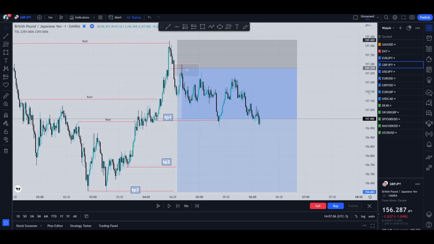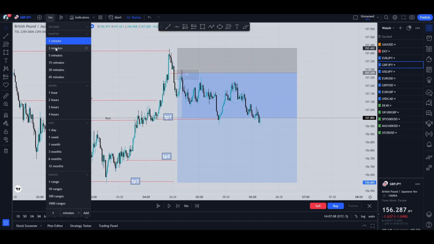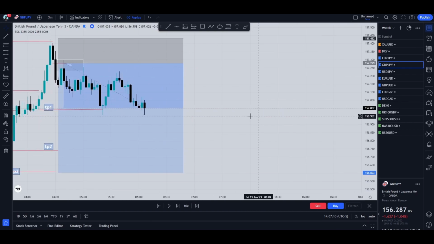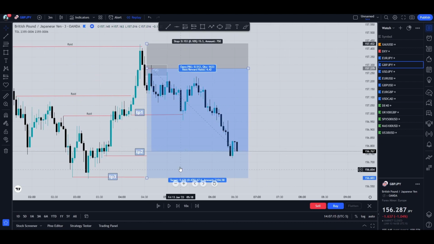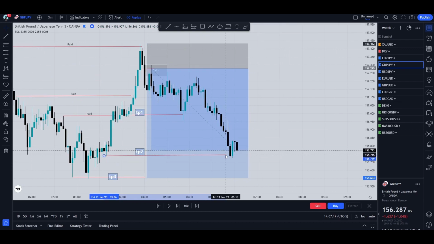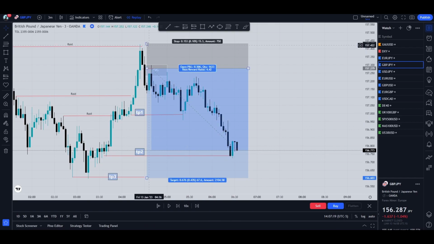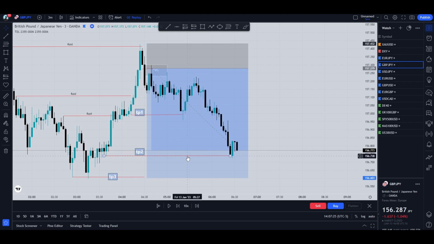I'll go out to the 5-minute, 3-minute time frame, just so it's easier to see. And finally, now we broke the TP2, and I would take around 25 or 30% out here, maybe 40 sometimes.